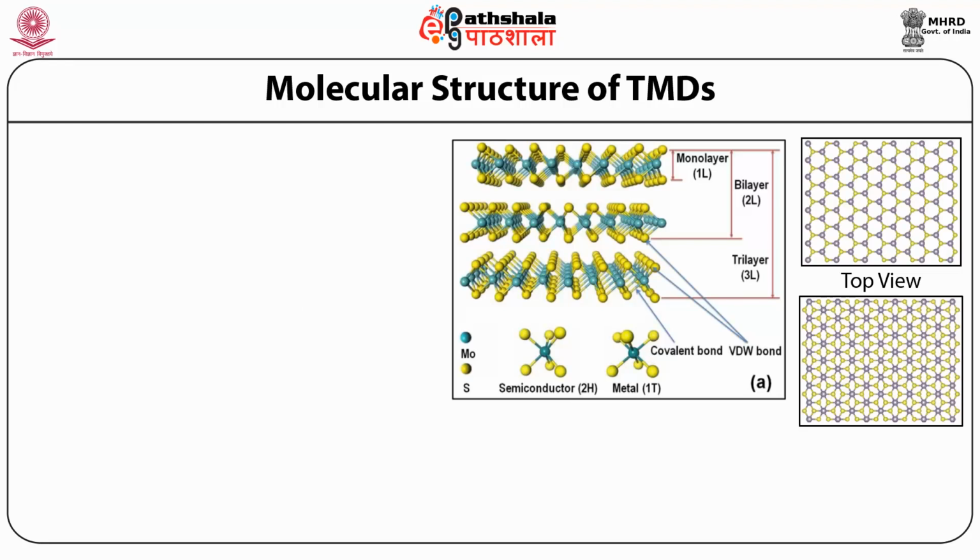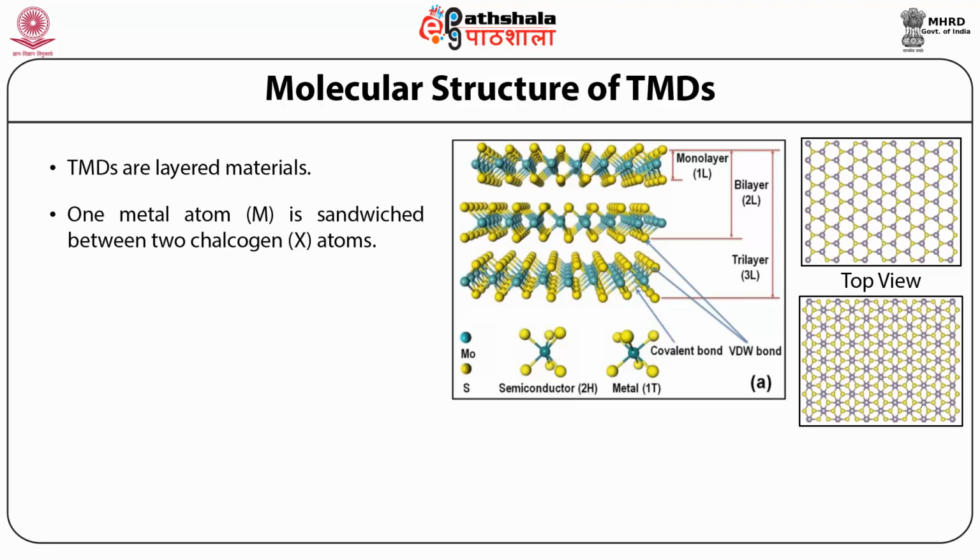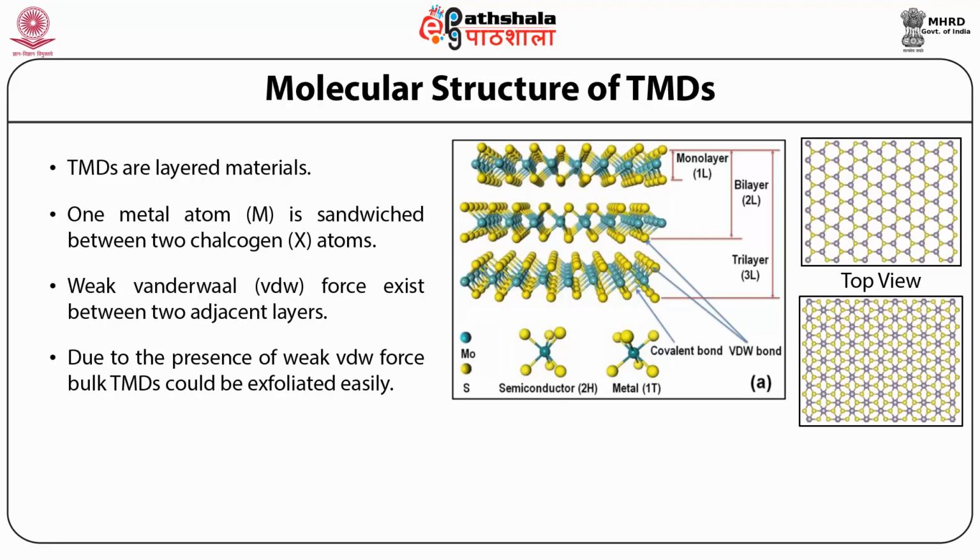So, from here we can say that TMDs are layered materials. One metal atom M is sandwiched between two chalcogen atoms. Weak van der Waals forces exist between two adjacent layers. Due to the presence of weak van der Waals forces, bulk TMD could be exfoliated easily.